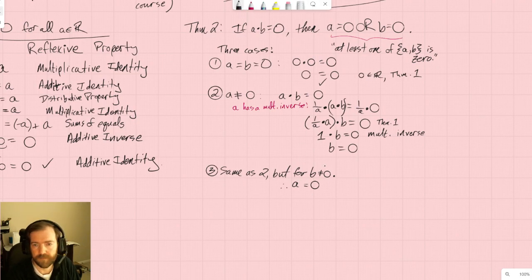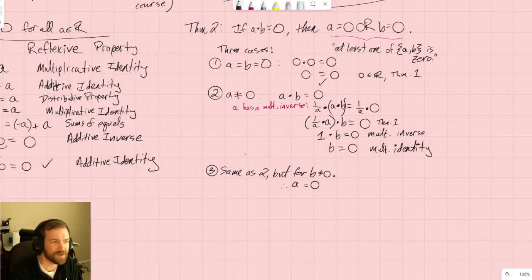Yeah, that's good enough. All right, and this is going to be our multiplicative identity. Whew. Block of text. All right.